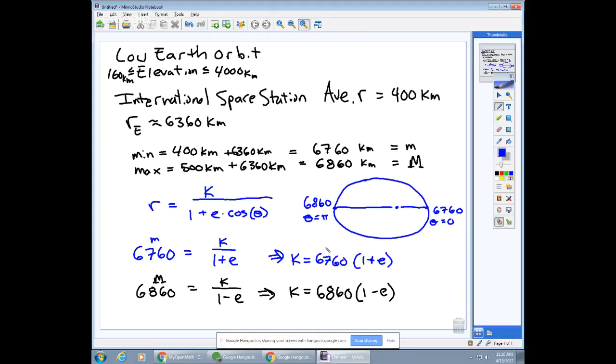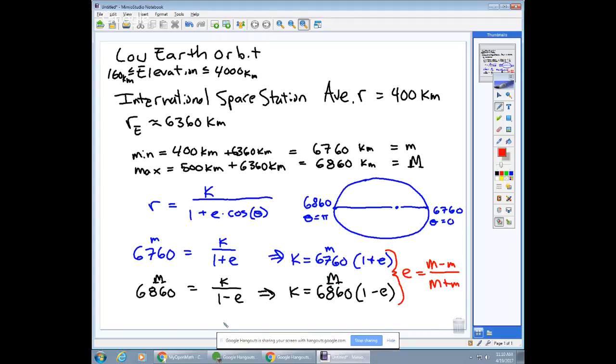And again, I was calling these little m and big M. If you whip out some algebra, we can set these equal to each other, because they're both k, and solve for e. We find that e is equal to big M minus little m, divided by big M plus little m.